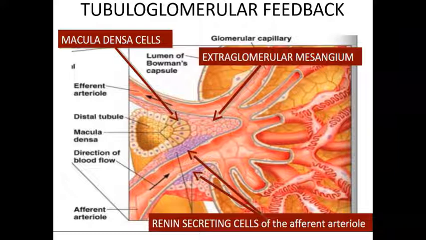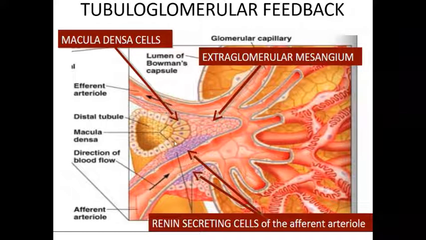So this sodium will now be delivered to the distal convoluted tubule, where you find the macula densa cells. If you have an increase in the sodium in the lumen here, they are going to sense the increase in the concentration of sodium. That will translate to say that the blood pressure has increased.